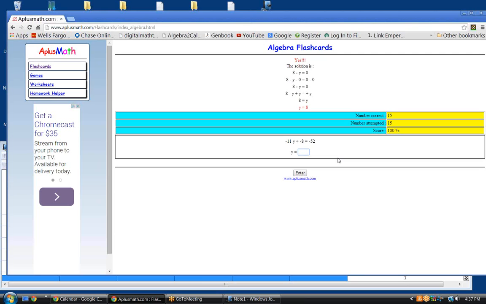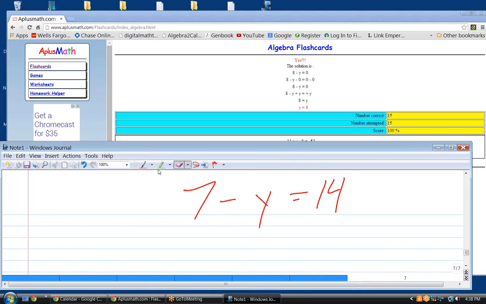Yeah, that's what I meant. So 46? 44. Negative 44. So minus 11y equals negative 44. Correct. So minus 4. Got minus 11y equals minus 44.